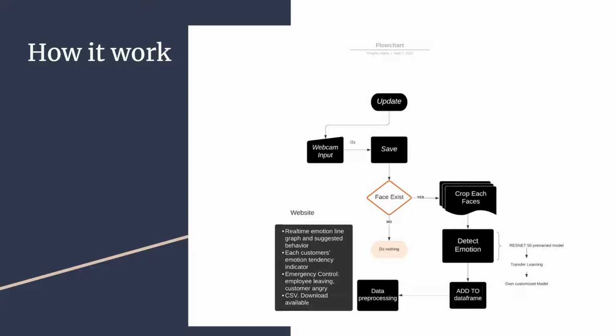That means they will also show a notification on the website and also send an email to the managers. So the managers can check their email and even from a distance they can know that. We will also have a download button, which the user can use to download the emotion data on the website.